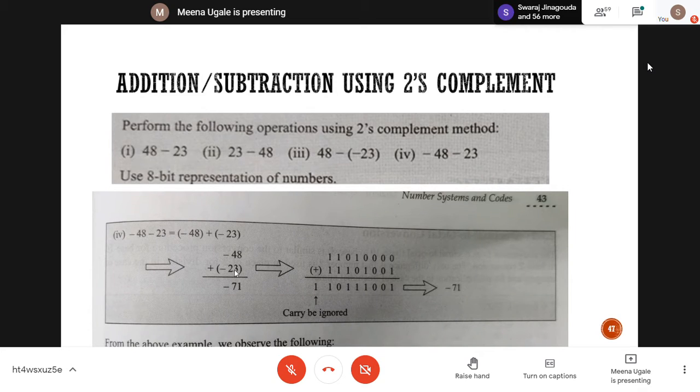Same example, same way, we can take any other 2 numbers and try it. How the 2's complement method works. My intention is you should come to know when to take 2's complement, when to discard carry, and how to go for addition and subtraction. So these 4 examples are showing you addition and subtraction using the 2's complement method.